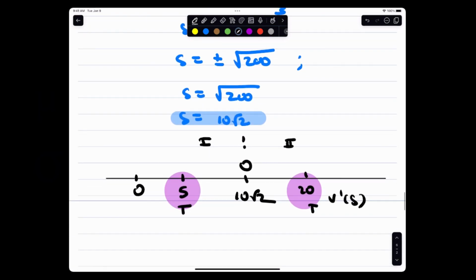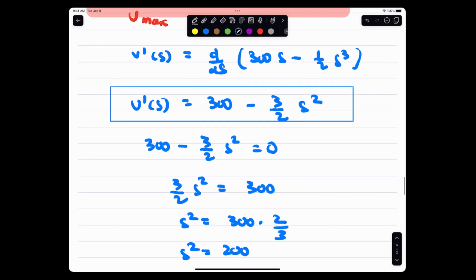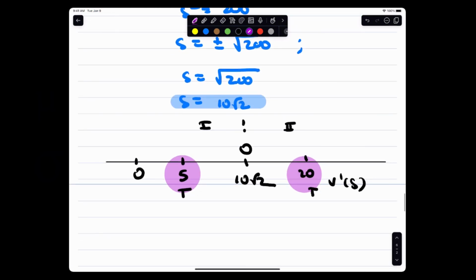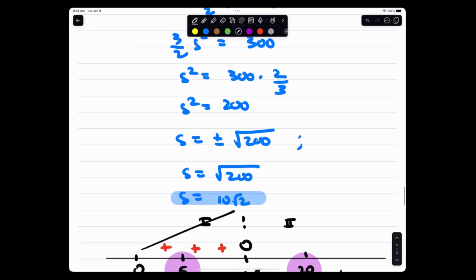Okay, so plug in 5 here. 300. Here's your test point. 5 goes here. Isn't that 25? 75 halves. It looks like this is going to be what? Positive. Okay, double check. 20 now.